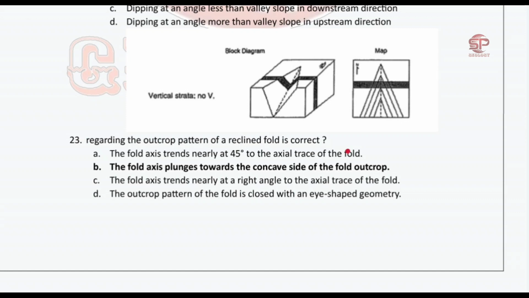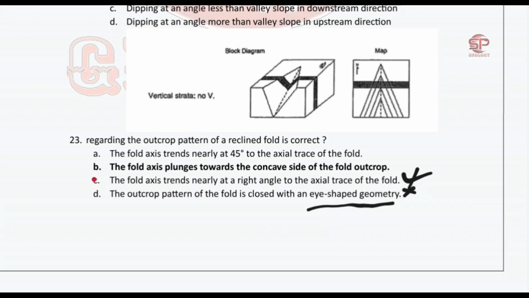That is called a reclined fold. In this option, it is at a right angle to the fold trace line. This produces an I-shaped geometry, which you can say in case of a curved hinge line you will produce I-shaped geometry. So this option will be incorrect.